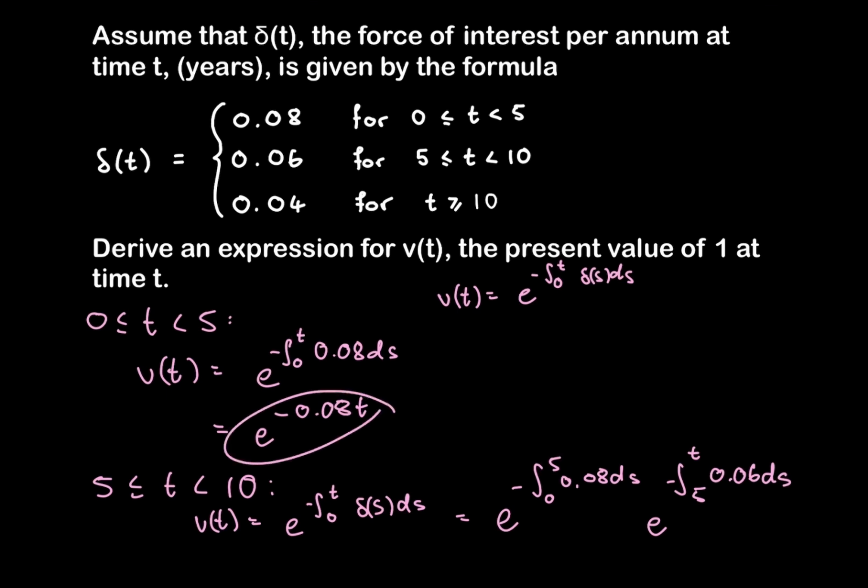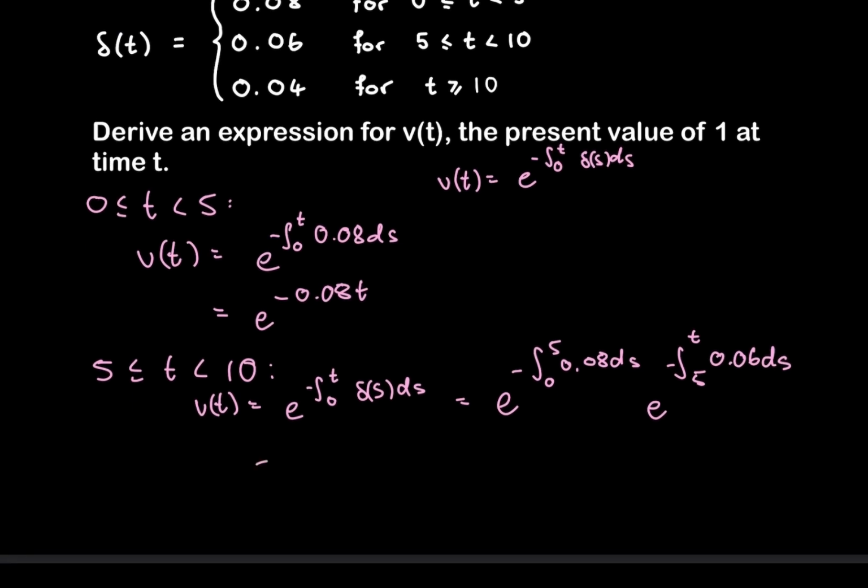So what we can do is substitute 5 into this formula over here for t. So if we do that, this becomes e to the negative 0.4, because 0.08 times 5 is 0.4.